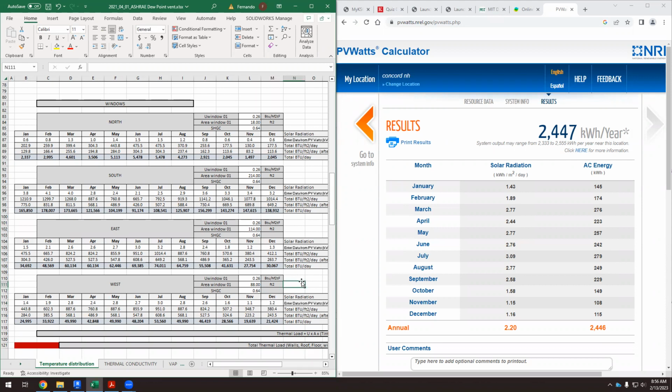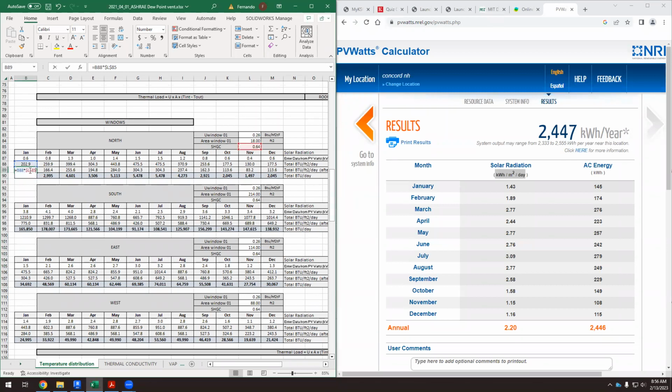Okay, so with this, I have this white row, which is the solar radiation outside. The problem is that PV Watts works with international units. So that's why here we first convert international units, kilowatts to BTU. And this row is the solar radiation times the solar heat gain coefficient.